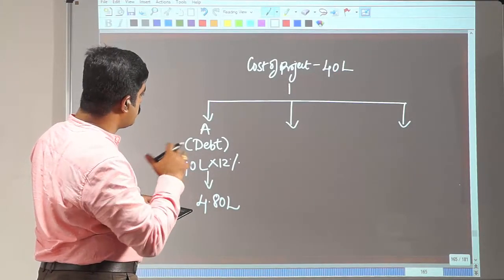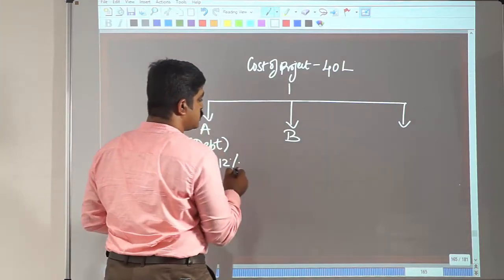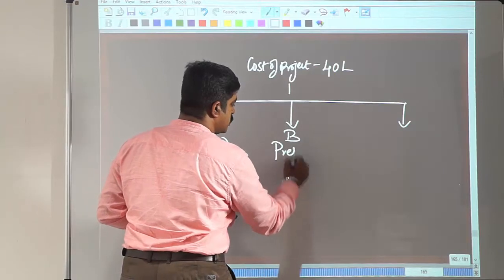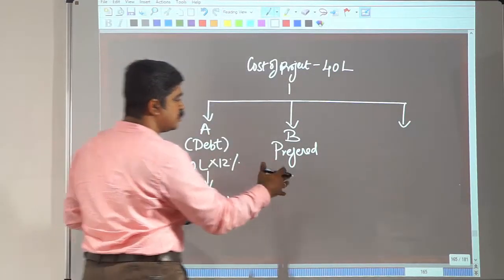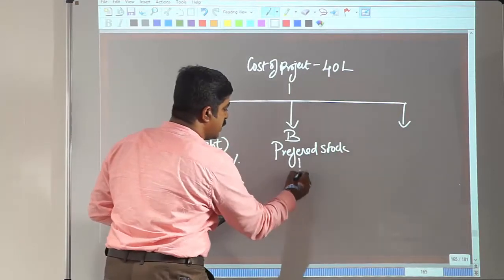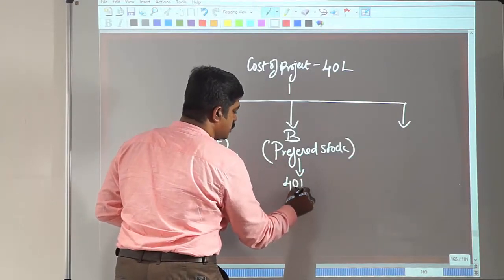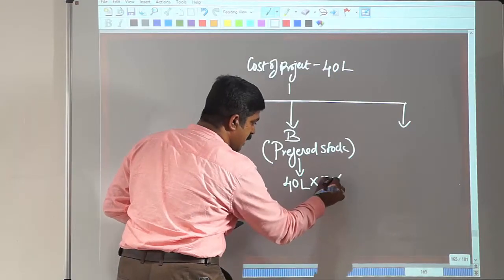And we have option B, where the company can go for preferred stock. Option B is preferred stock, and it's not a combination, it's an exclusive arrangement. So if they go for preferred stock, they have to raise the entire 40 lakhs in the form of preferred stock, on which they have to pay dividend at 8%.